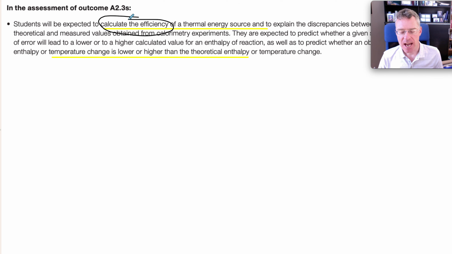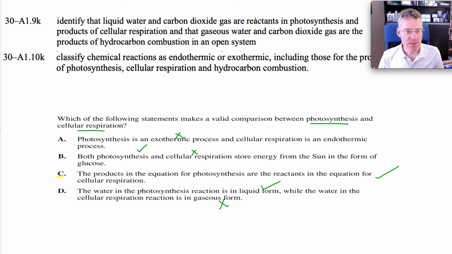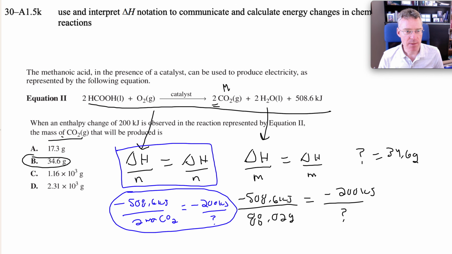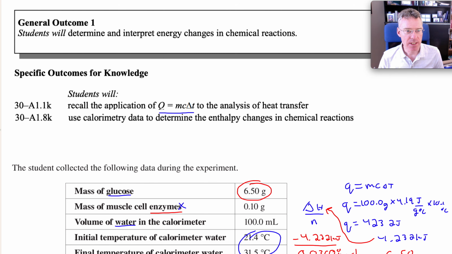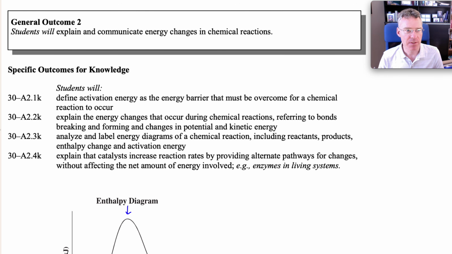You're comparing the actual energy release to the theoretical value, and you should expect your efficiency to be much less than 100%. This goes back to the design type outcomes that I mentioned, and this is the most likely application of the design outcomes that you might see on the diploma exam. Your teacher would have had to cover some of these planning, performing and recording outcomes, but your diploma can kind of hit on it theoretically with efficiency.